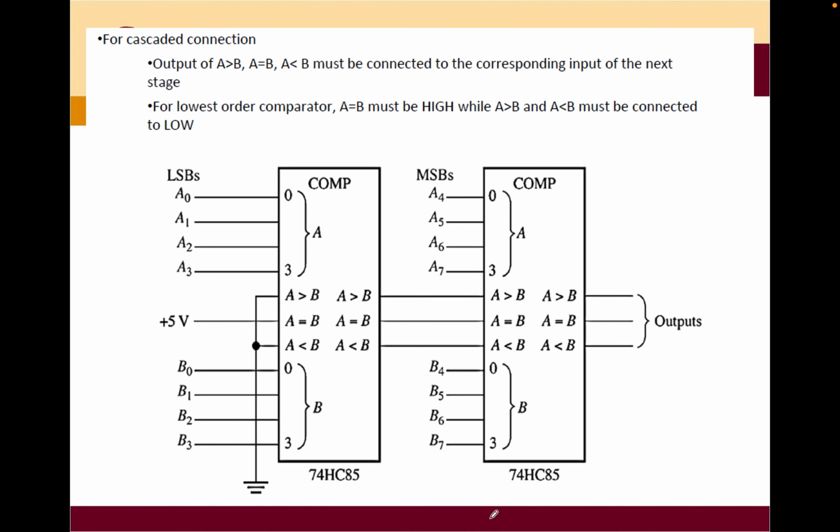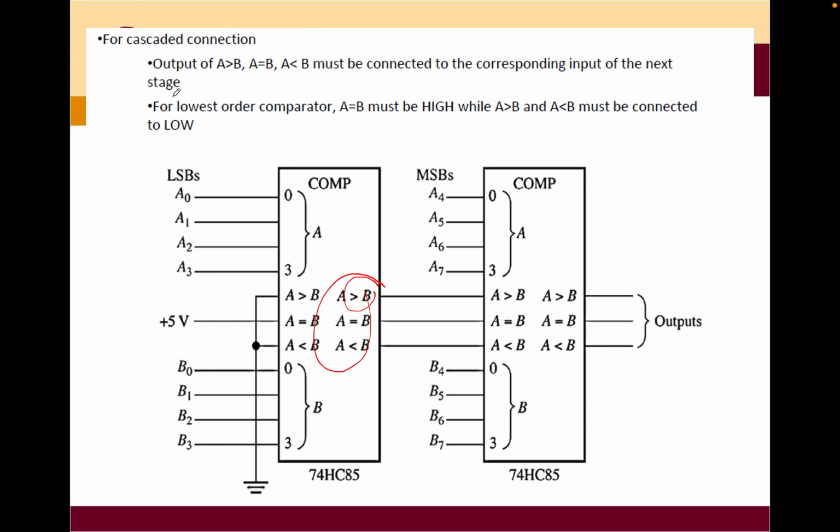Okay, just now you looked into only a single chip. Now you can have a cascade connection with another chip, and your output will also become your input. So the output of A more than B must be connected to the corresponding input of the next stage.